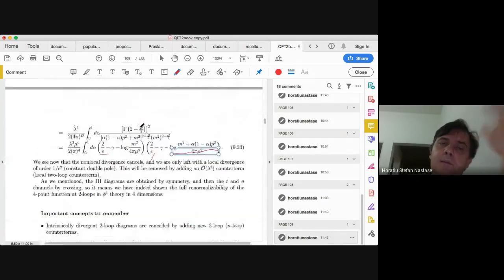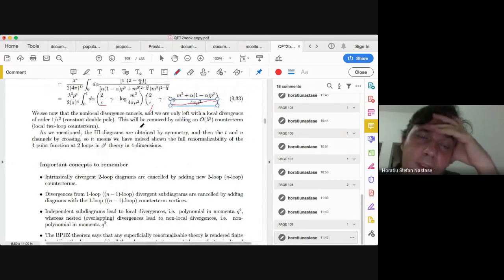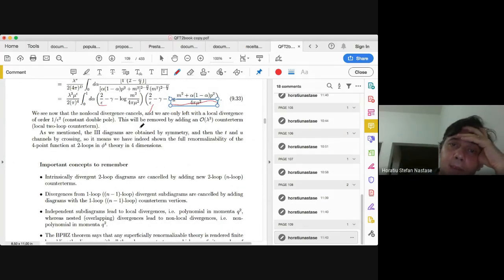Since we've removed the divergences in the S channel, the same will be true in the T channels and the U channels as well. So we have found finally the full renormalizability of the 4-point function at two loops.